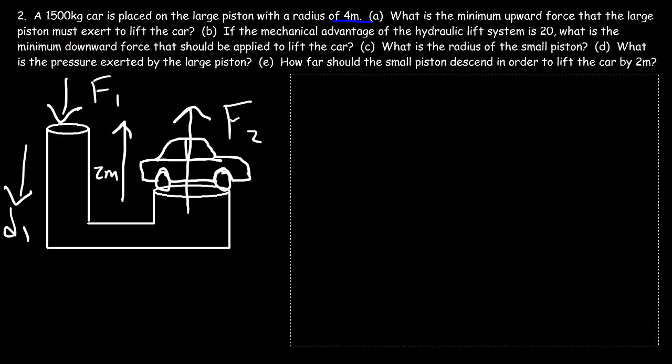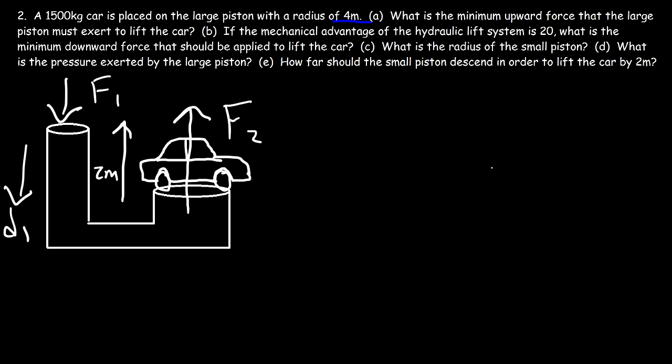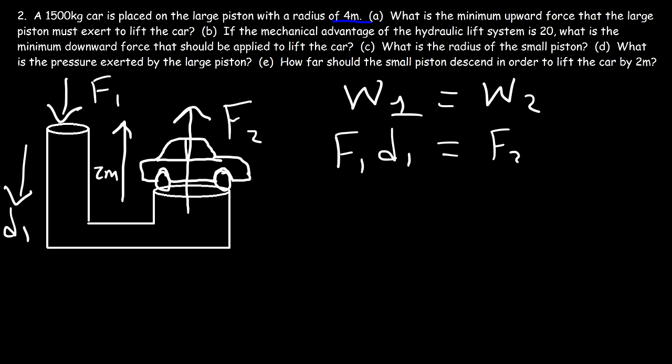The easiest way to get the answer is to use conservation of energy. So the work done by the small piston is equal to the work done by the large piston. Or rather, the work done on the small piston is equal to the work done by the large piston. So F1 D1 is equal to F2 D2.